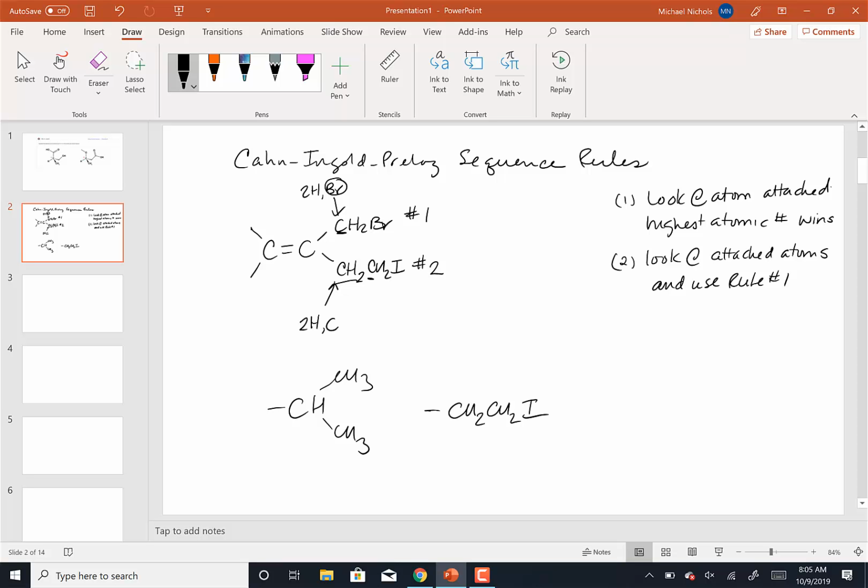Let me just make that change. So which of these two groups has the higher priority? The isopropyl group or the CH2CH2I?